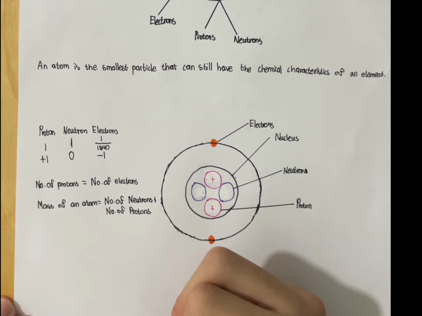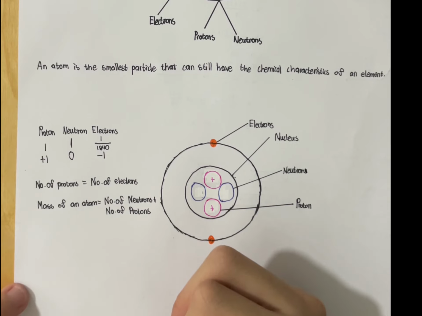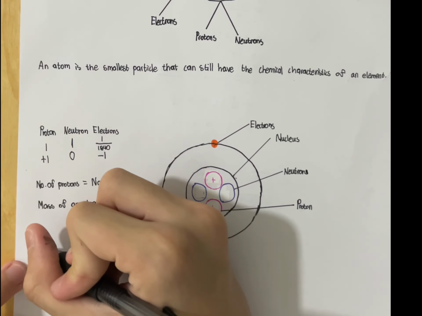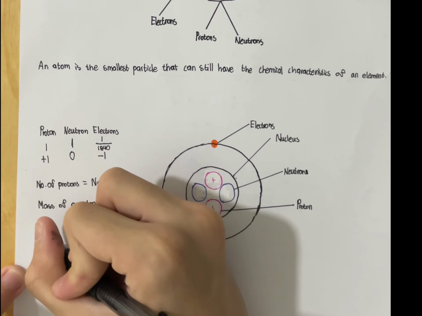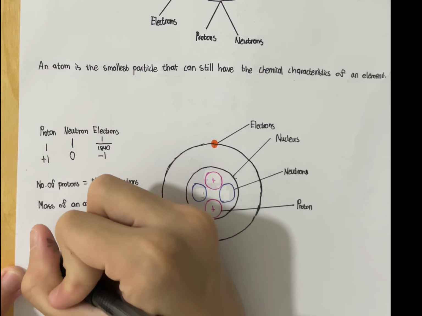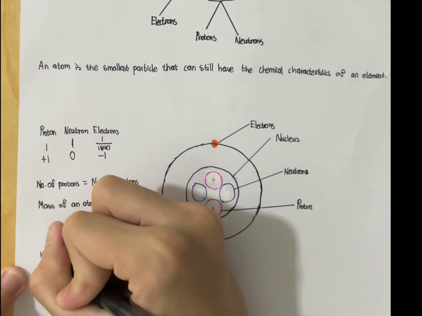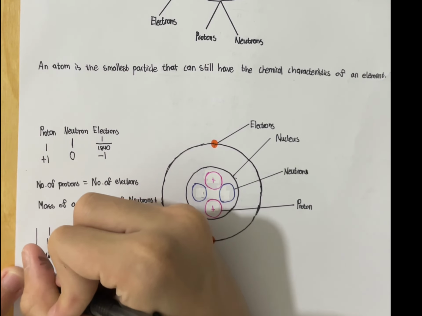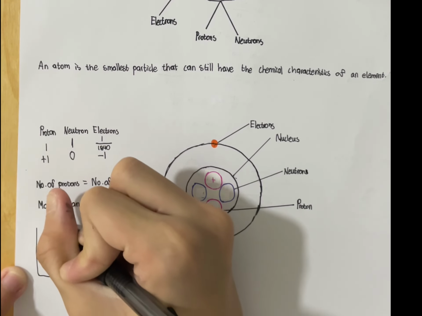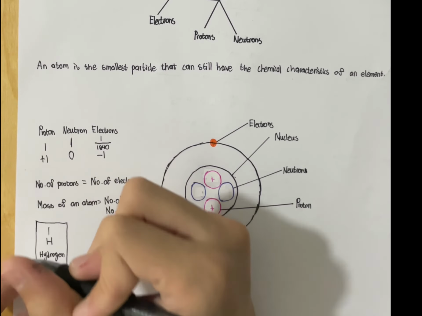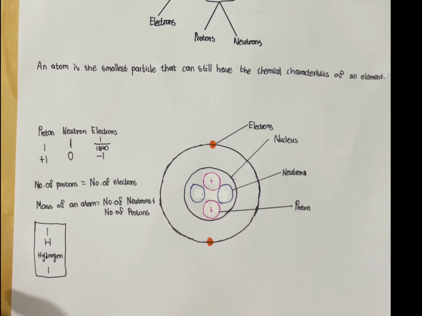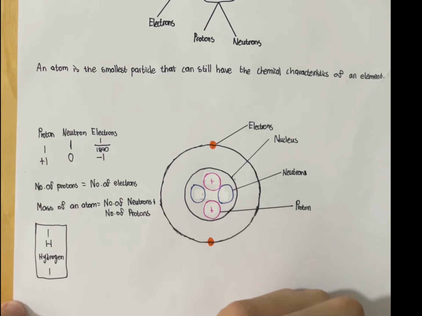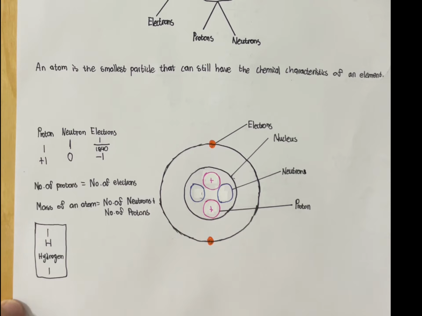If you have ever seen an atom on the periodic table, it's going to look something like this. You have your chemical symbol, your chemical name, and then 1, 1. This is an atom on the periodic table, hydrogen. The top section is the proton number, which is just how many protons the atom has.